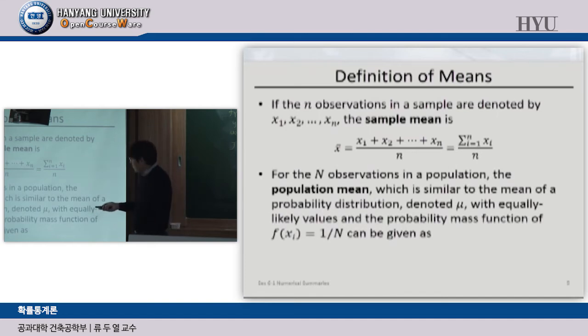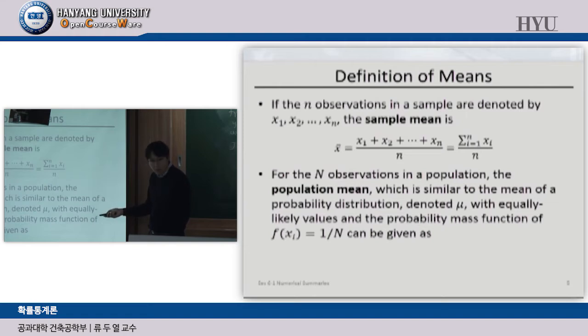And for the n observations in a population, the population mean, which is similar to the mean of the previous probability distribution, is denoted as mu, with equally likely values, which means that each random variable has equal probability. And the probability mass function of f(xi) is given by the equation 1 over the total number of observations, right?